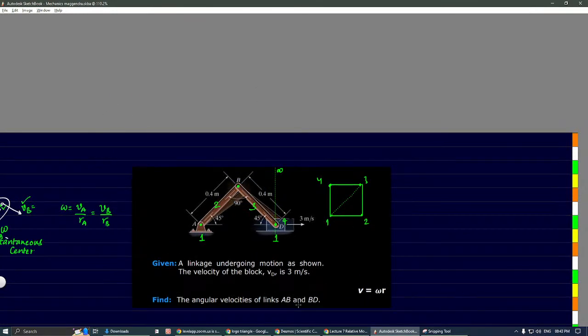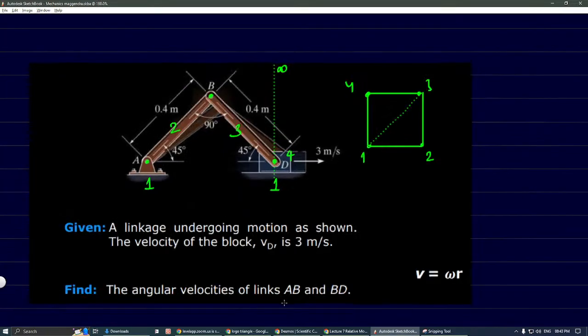There is a theorem called Kennedy's theorem. If you want the instantaneous center of 1 and 3, it will be at a point like this. You have to extend this. Okay, so this is the instantaneous center of 1 and 3. I'll just write it as I13. I14 is here.